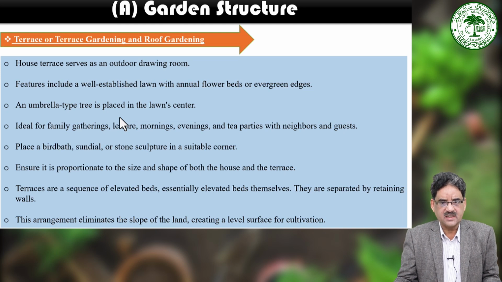Terraces, which act as a sequence of elevated beds, are separated by retaining walls. This arrangement effectively eliminates the natural slope of the land, creating a level surface suitable for cultivation.